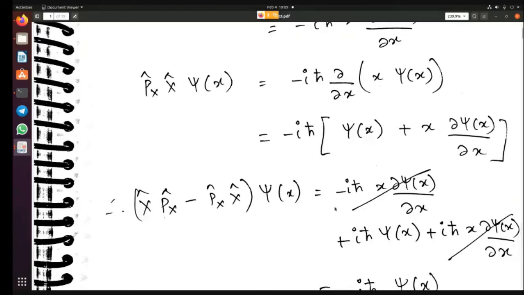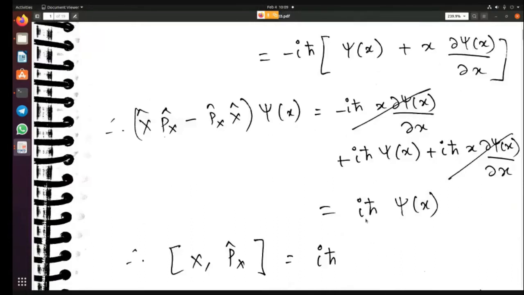This term and this term obviously cancel, and you are left with i h cross psi of x. So ultimately the commutator x px turns out to be i h cross.